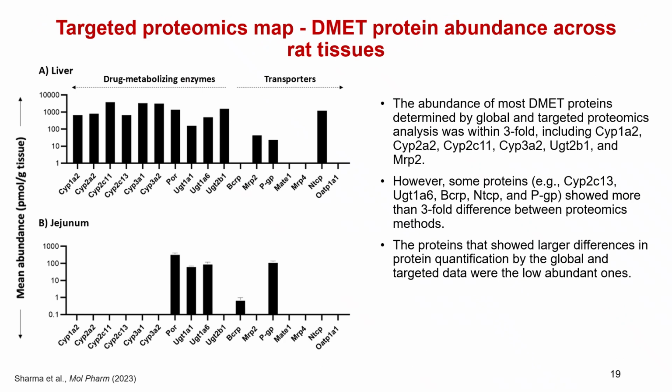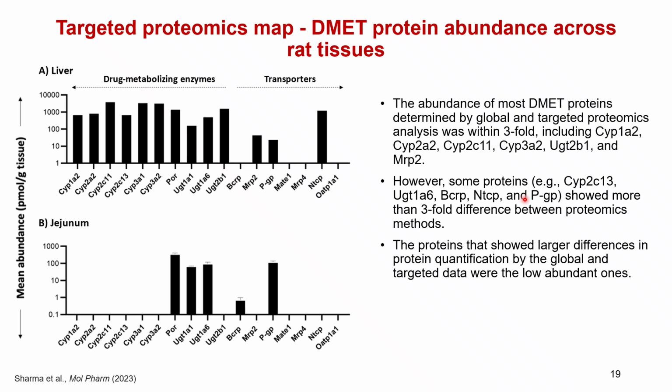For some selected proteins, targeted proteomics was also performed to verify the findings in the global proteomics experiment. Similarly, there is the list of DMET proteins on the x-axis and the mean abundance on the y-axis. The abundance of most of the DMET proteins determined by the global or untargeted as well as the targeted proteomics analysis was within threefold.